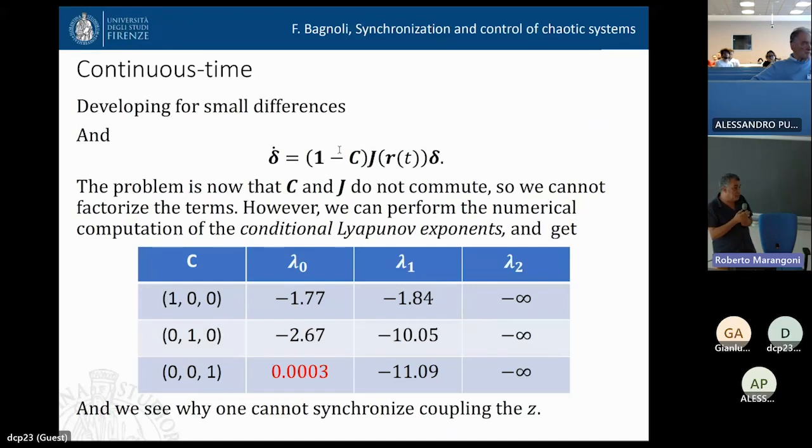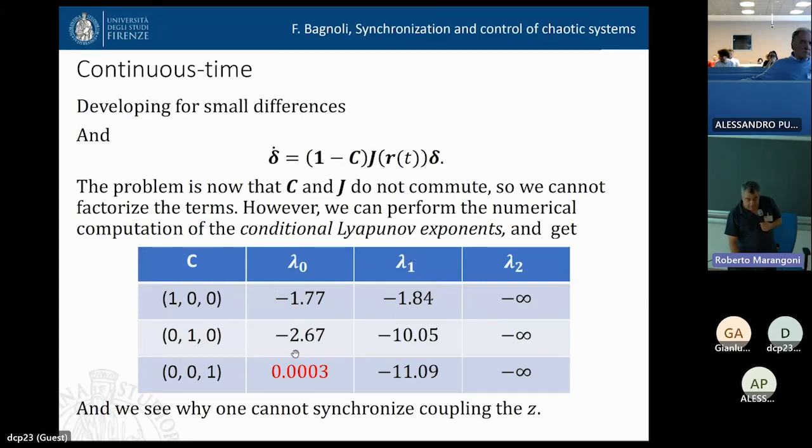But if you are pushing, for instance, only one direction, say only in the X, like Pecora and Carroll did, they pick up the X value from one system and inject the signal in the other. They do not commute, and so you have different results depending on how you push. And actually, you can define, this is not mine, it is Pecora and Carroll's, these conditional Lyapunov exponents.